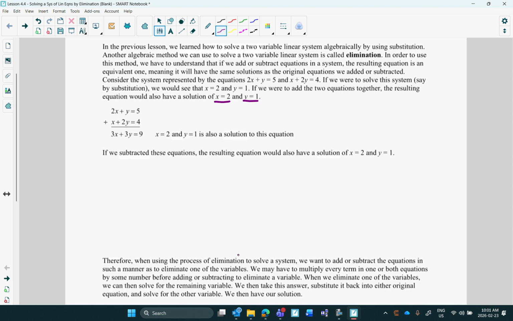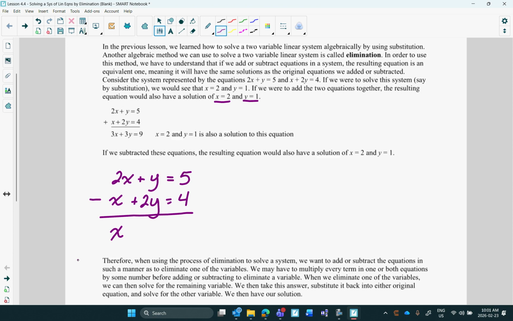Same thing if you subtract them. If I took the first equation and subtracted the second equation, well, what's 2x subtract x?